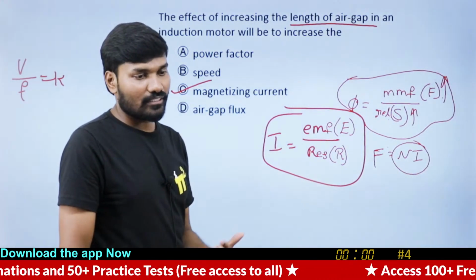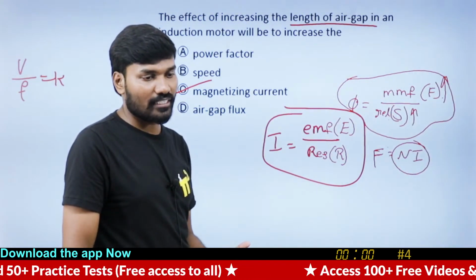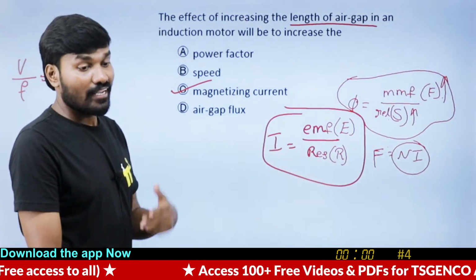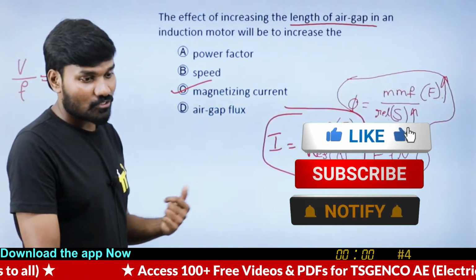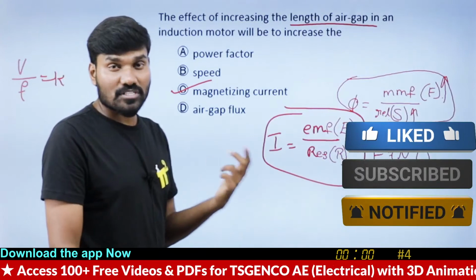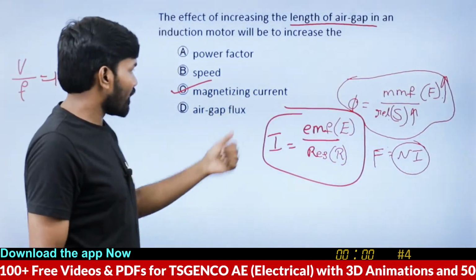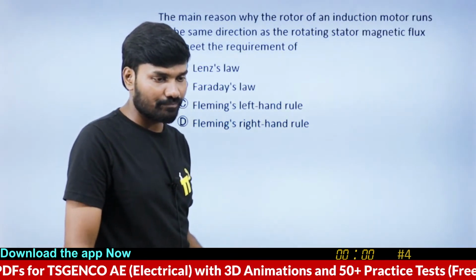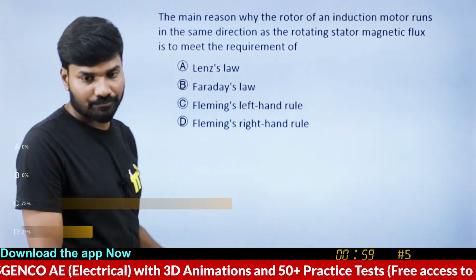Okay, I think we're good to go. Let's go to the next question. Any clarification on this? Yes, Sweetie RK YouTube channel is saying it reduces the power factor by increasing this magnetizing current, which means power factor is poor. Absolutely right. Absolutely right.